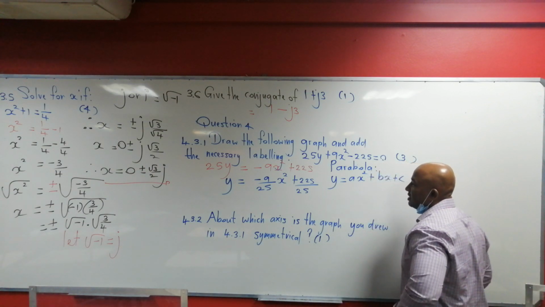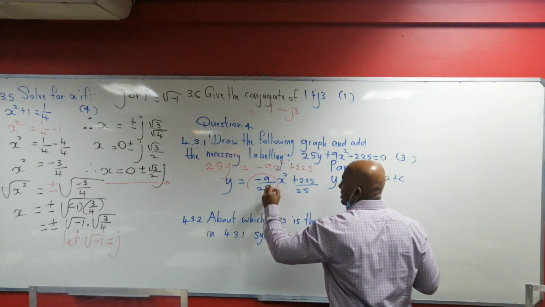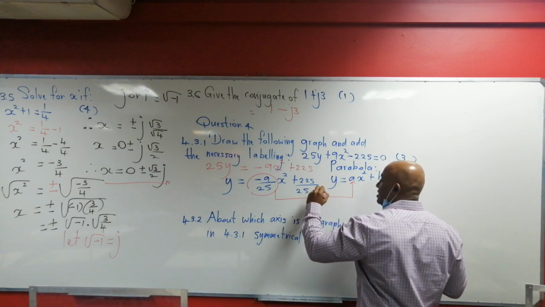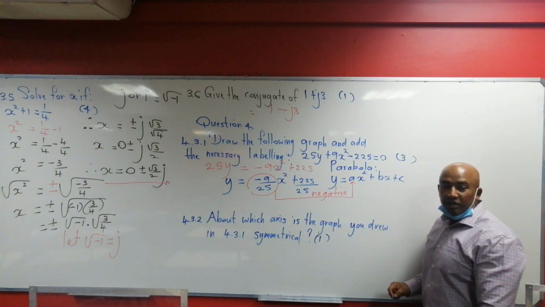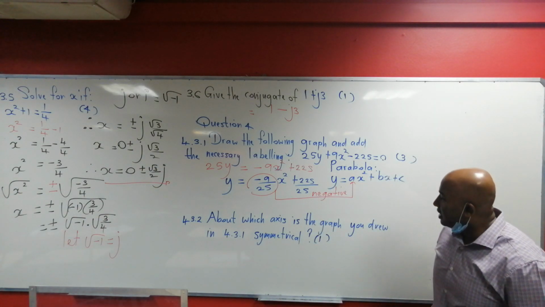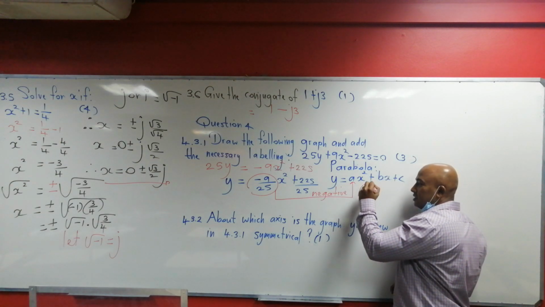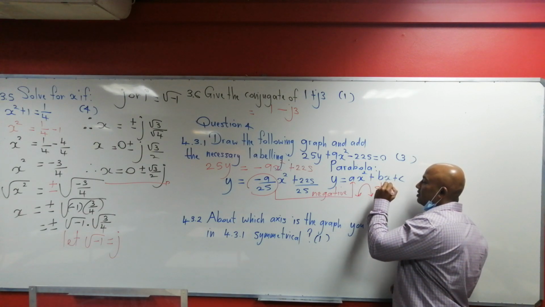Here's your a value, and it is negative. So if the coefficient of x squared is negative, then it's a sad face. That's the shape of your graph.